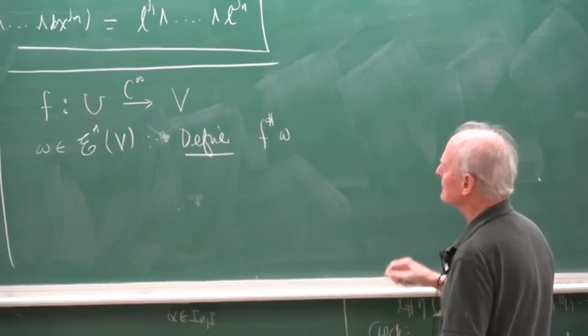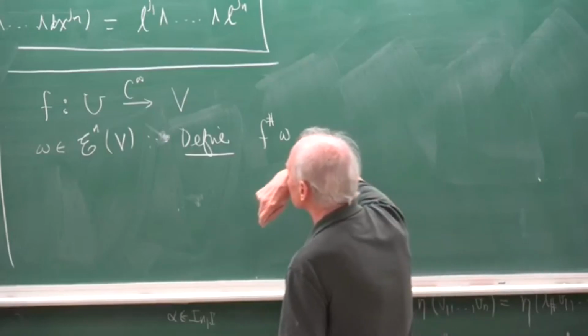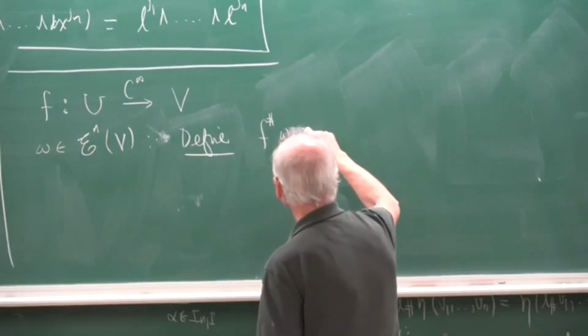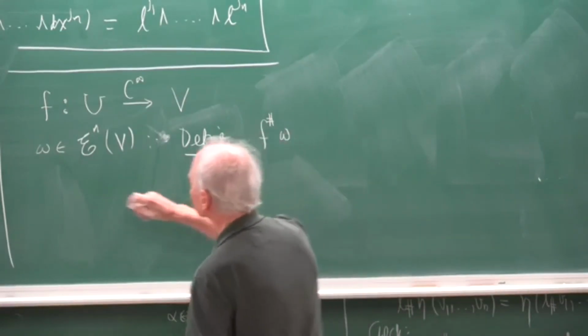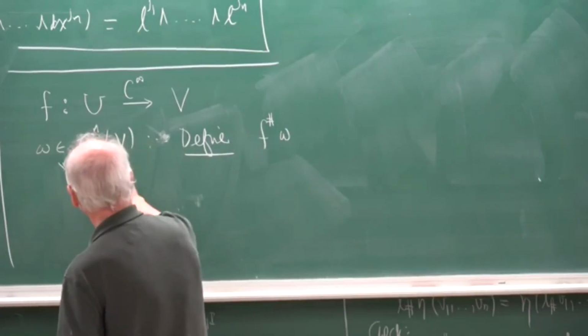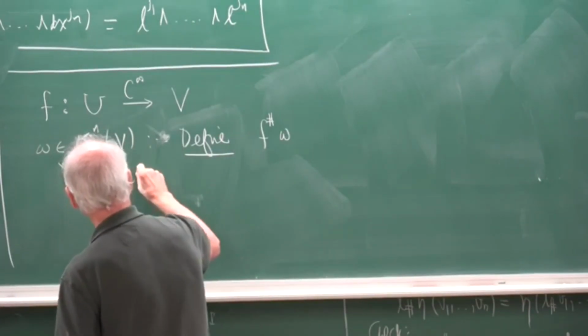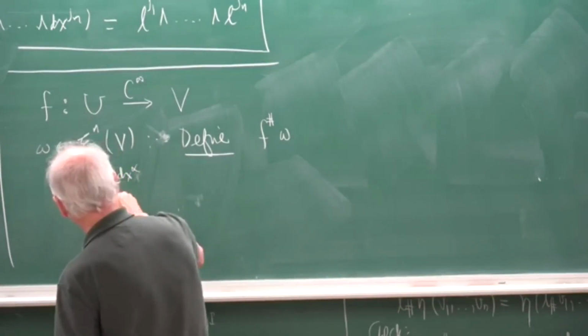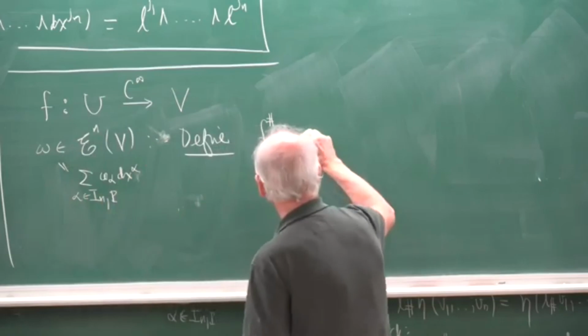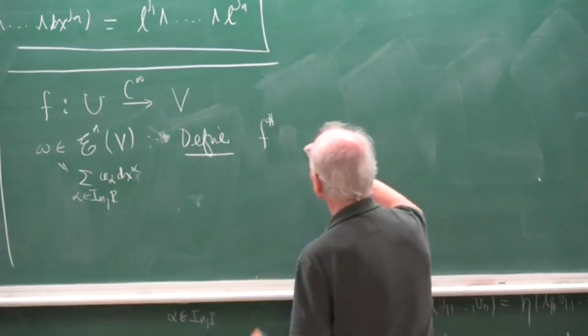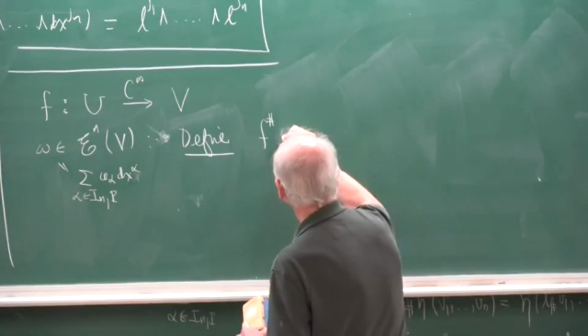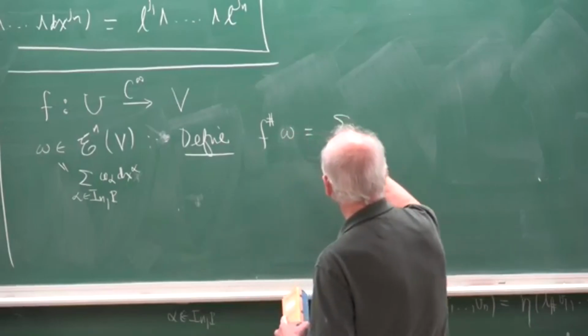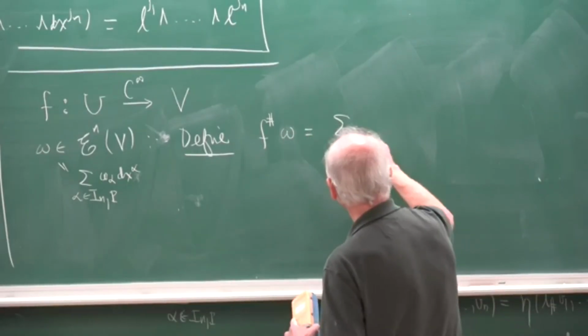And let's define it. So omega is the sum of omega_alpha dx^alpha. So I'm going to define this to be the sum over alpha in I_{n,p}.